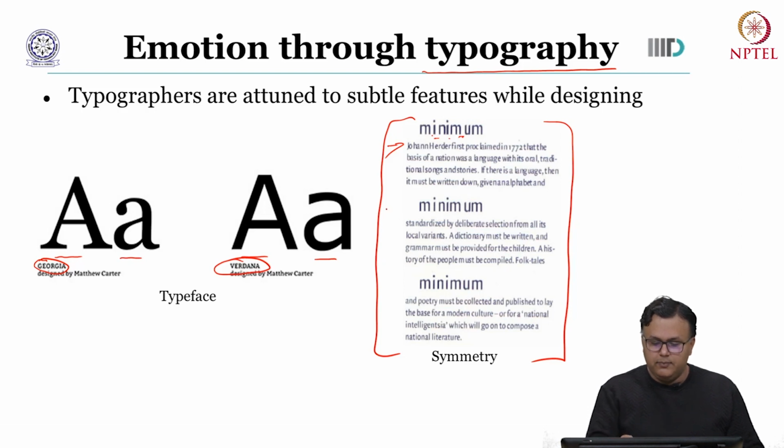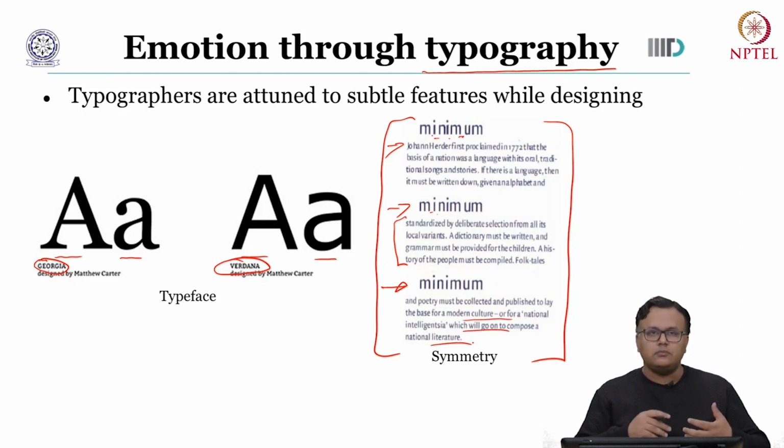Now, if we improve this in the second example, wherein at least the gaps are more standardized, we see that the reading and then further the interpretation improves. However, when we introduce symmetry with respect to these gaps in the third case, notice how trivial it is now to read, and poetry must be collected and published to lay the base for a modern culture and so forth, right? So, the emotion is now conveyed more clearly and the content is also understood by the user.